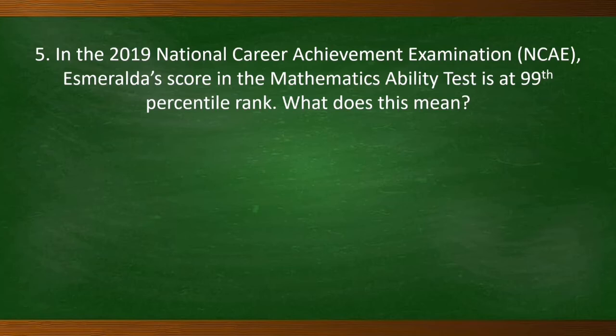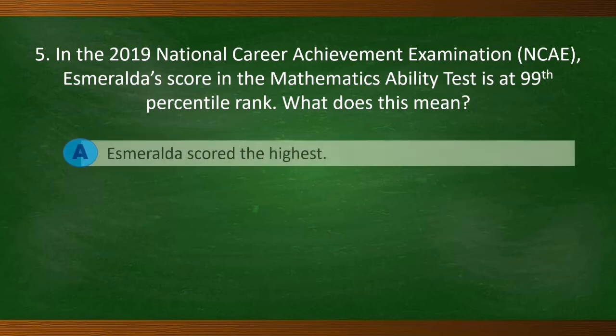Last item, item number 5. In the 2019 National Career Achievement Examination or NCAE, Esmeralda's score in the Mathematics Ability Test is at 99th percentile rank. What does this mean?